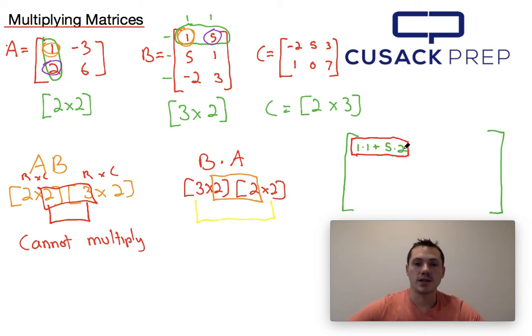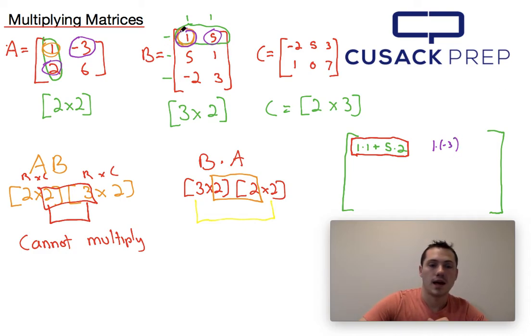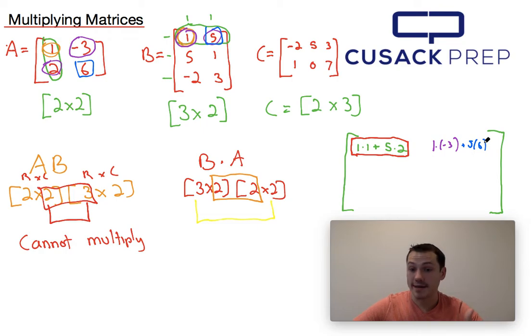Now, let's say I wanted to go on and I want to get row 1, column 2. Well, what I'm going to do is I'm going to take row 1 of B and multiply it by column 2 of A. So in the same manner, 1 times negative 3, 5 times 6, which is 30, and you add them.